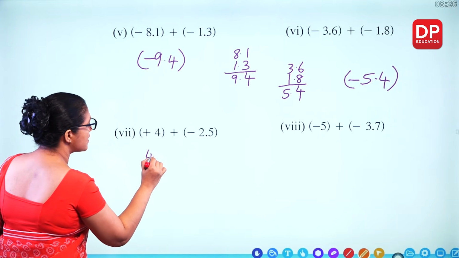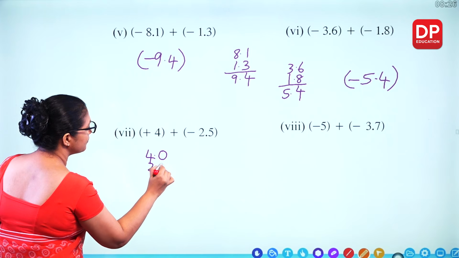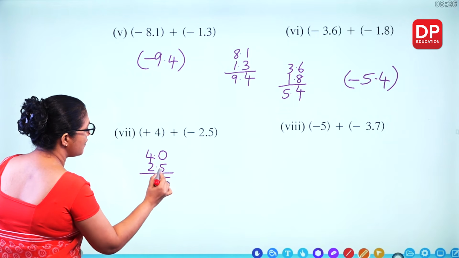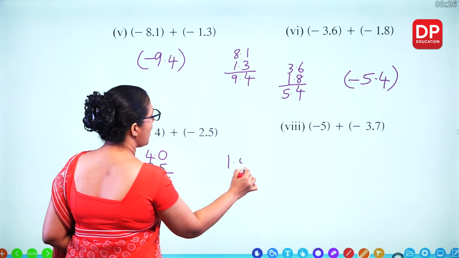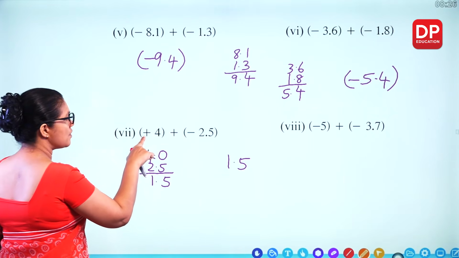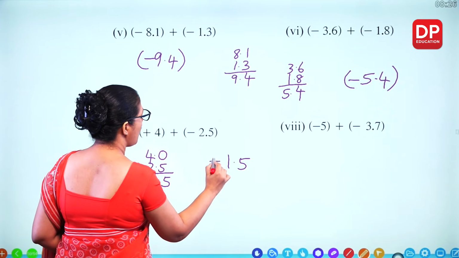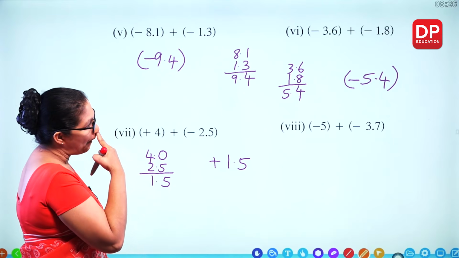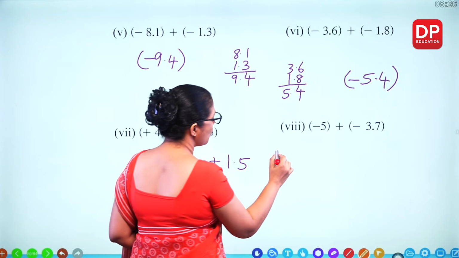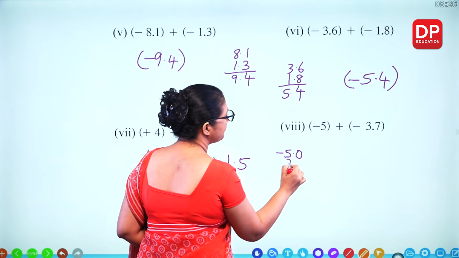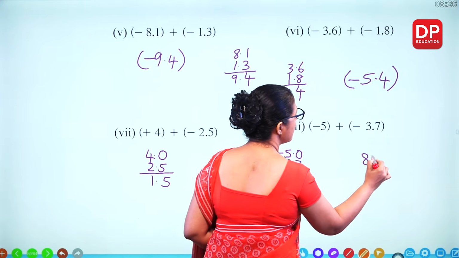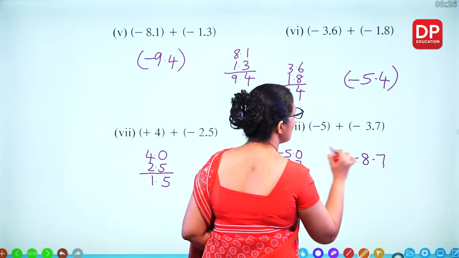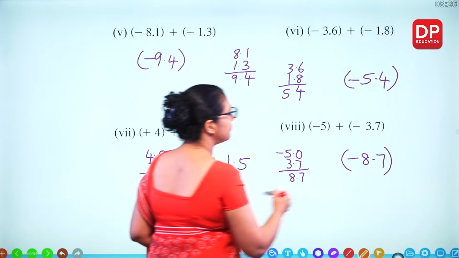Take the difference. When you take the difference, you get 1.5. 1.5 is the answer. Which one is bigger? 4. So that's positive. Both negative, so add it. 8.7. So negative both, so you put negative sign.